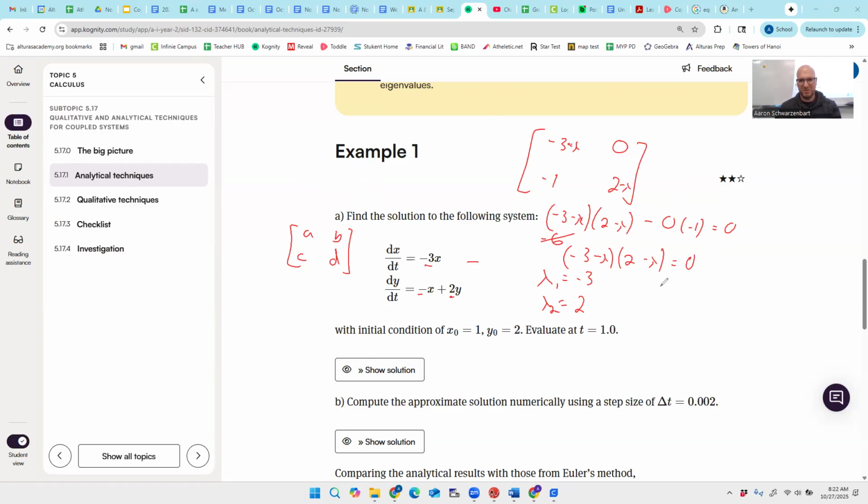How do I find my eigenvectors? That one's not going to work. So this is negative x minus 5y equals 0, correct? So 5, negative 1.